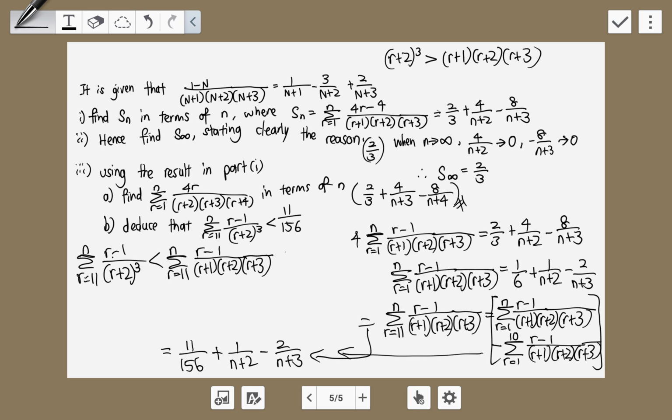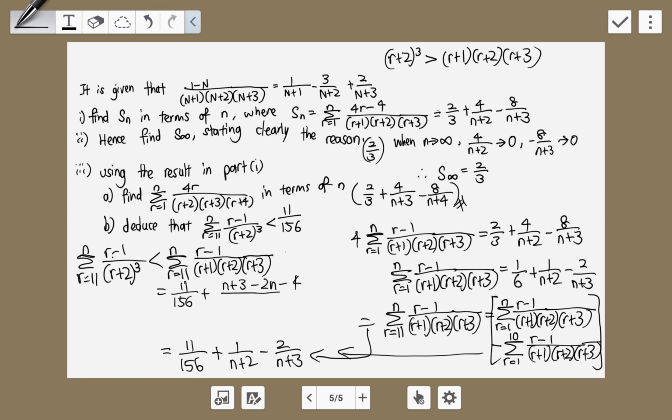But for now, we will say that since this is equal to this, this is equal to 11 over 156 plus, I want to combine the terms here. So I have m plus 3 minus 2n minus 4. It's just m plus 2 multiplied by minus 2. So I get minus 2m minus 4.